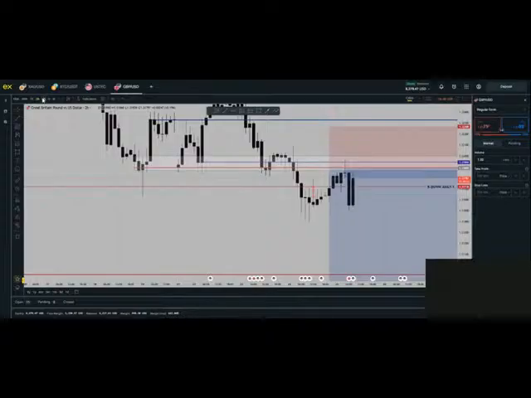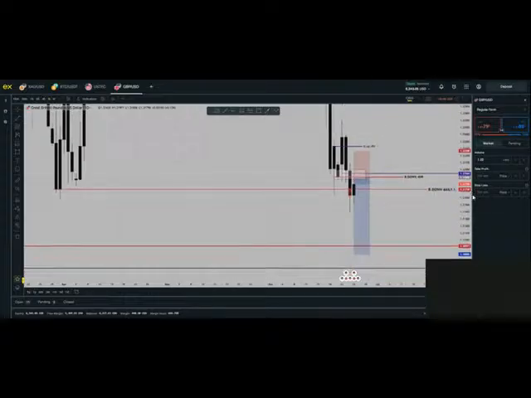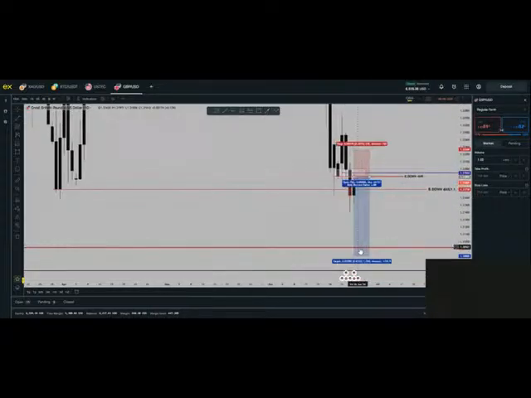Hopefully if it goes all in my favor, I'm wishing to exit down here at 1.3908. That is where I'm wishing to exit this position. But before then, just hold.